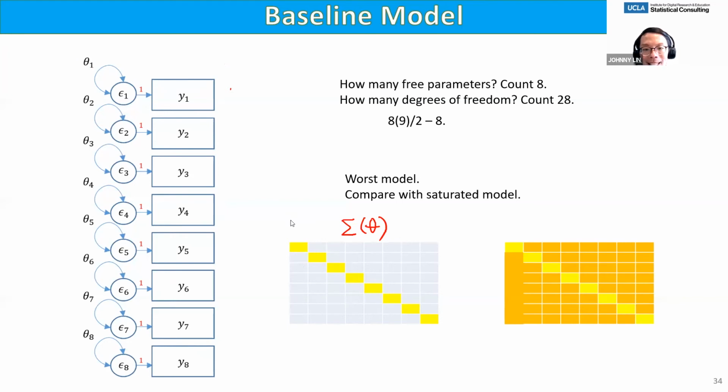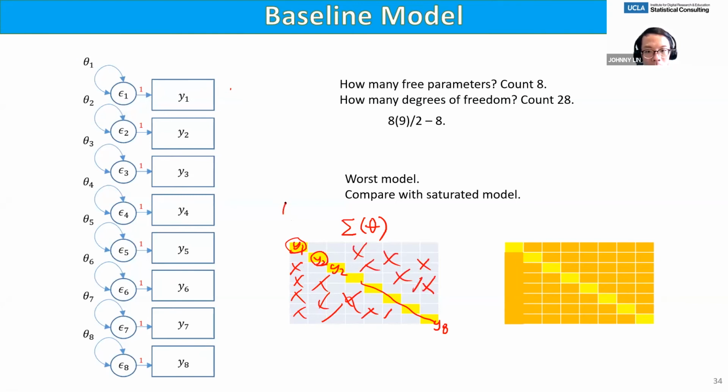What that means is then in our model implied covariance matrix, if you look at the highlight, we are estimating the variance of y1, y2, y3, y8. But we are not estimating any of the covariances. This is called the baseline model. Why is that called a baseline model? It's the worst model because in reality, variables are probably related to each other. And that's why we're doing the factor analysis, right?